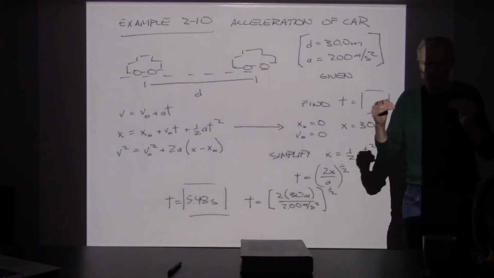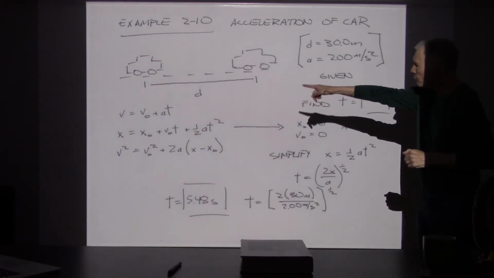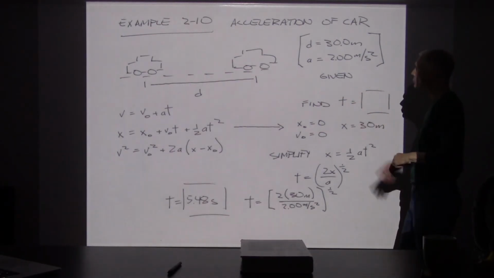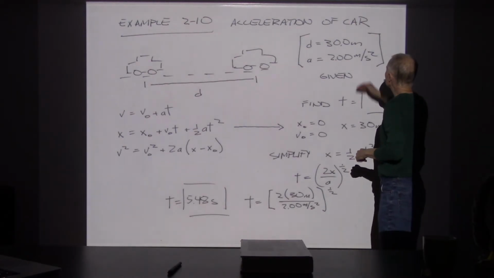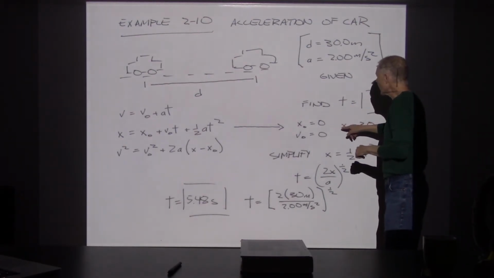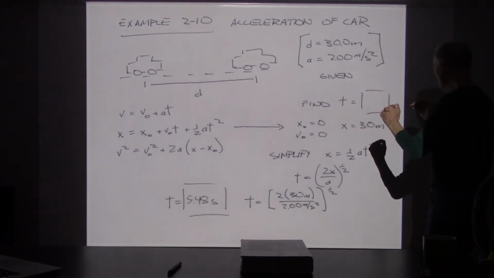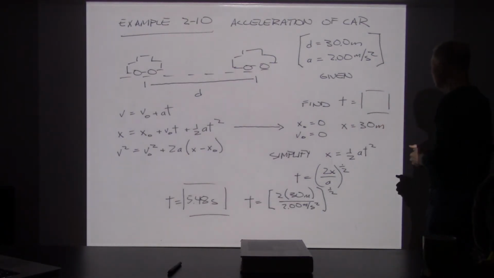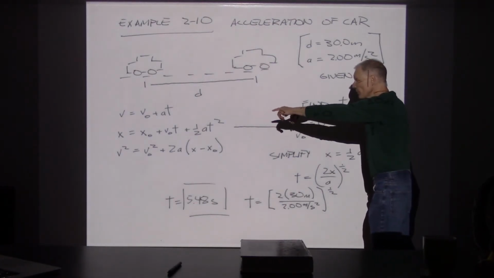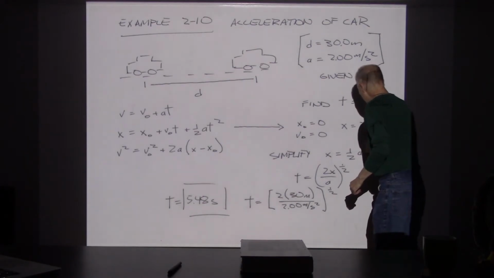I think you always want to start with the general formulas, certainly at this stage, starting out in chapter 2. Start with the general formulas, start with the given information, and start assigning values to the x naughts and the v naughts and whatever information is given. And then once you've done that, write the formula that you intend to use, simplified.